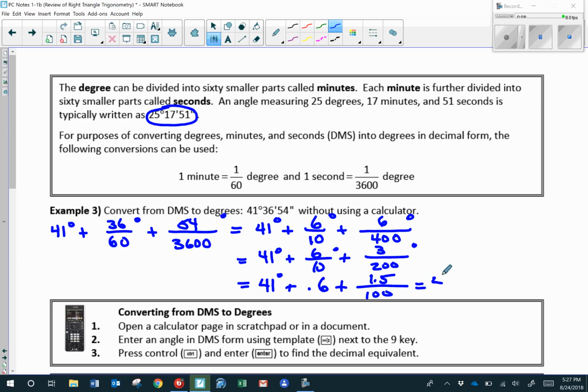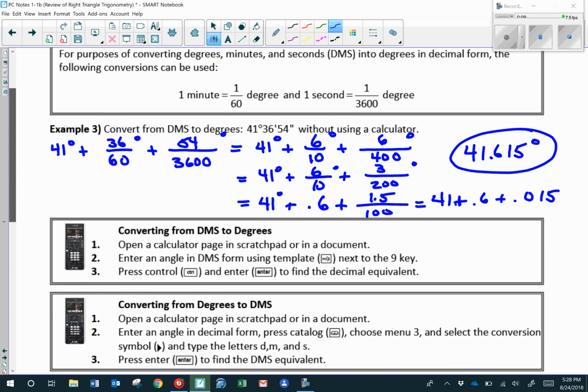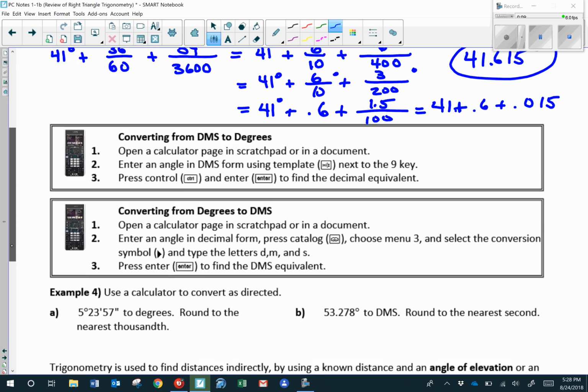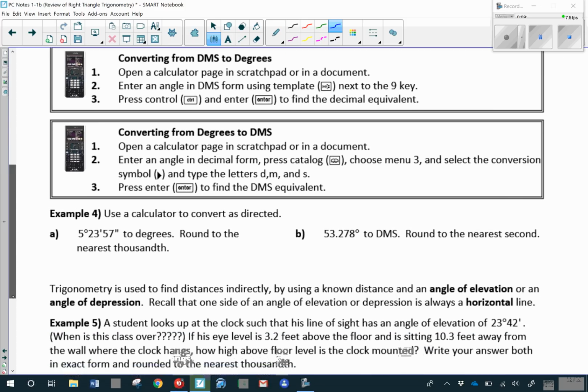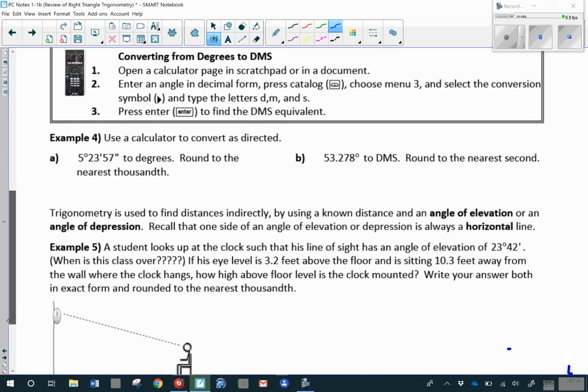So now what we have is 41 plus 0.6 plus 0.015. Final answer, 41.615 degrees. Most of the time when you convert between degrees, minutes, seconds, and degrees, you'll do so using your calculator. So in example 4, I'll show you how that's done.